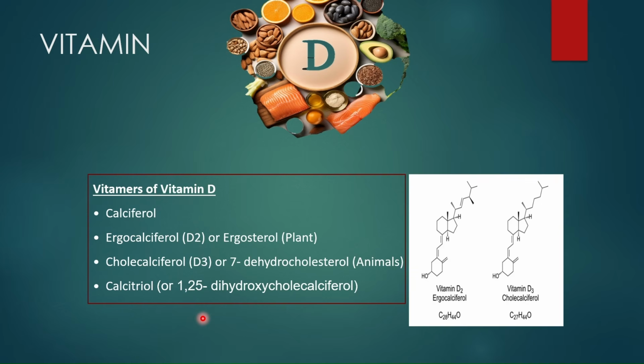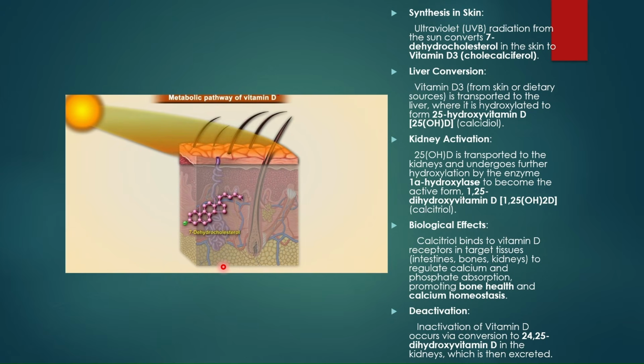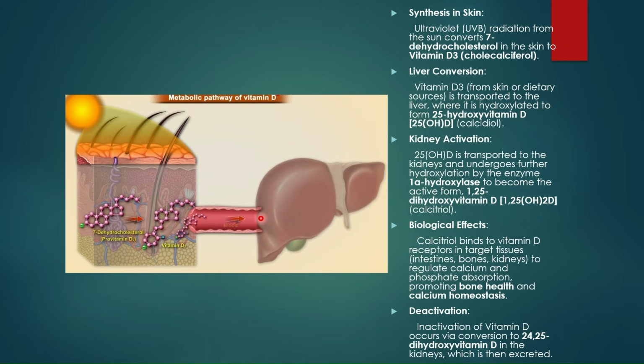Let's look at metabolic pathway of vitamin D. Ultraviolet radiation from sun converts 7-dehydrocholesterol in the skin to vitamin D3. Further, this vitamin D3 is transported to the liver, where it is hydroxylated by 25-alpha hydroxylase enzyme to form 25-hydroxycholecalciferol.